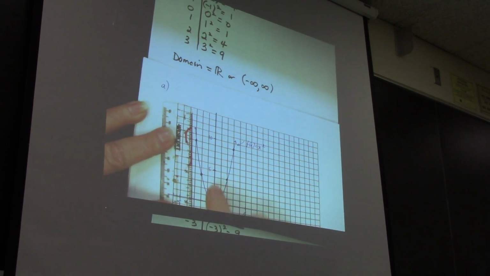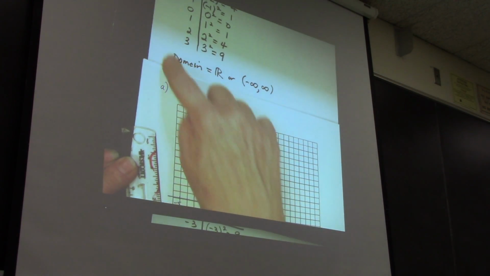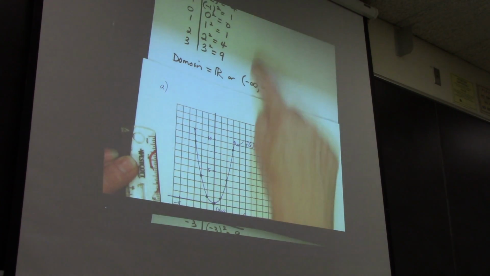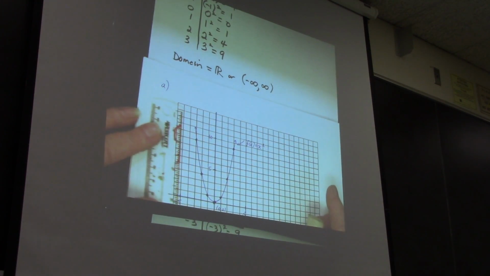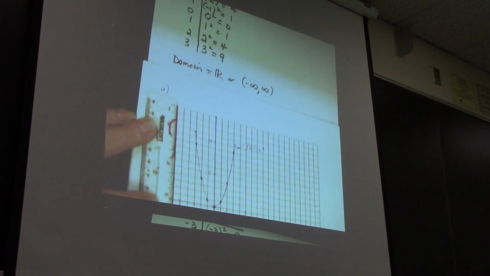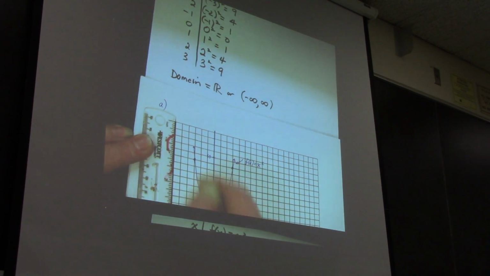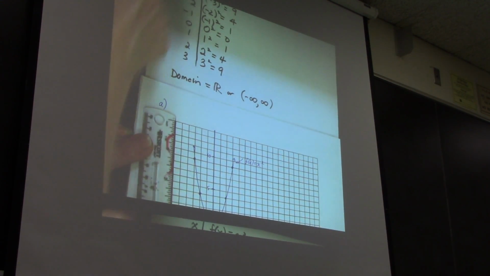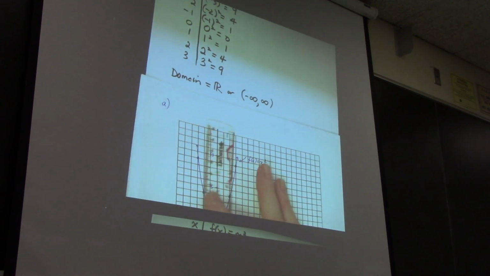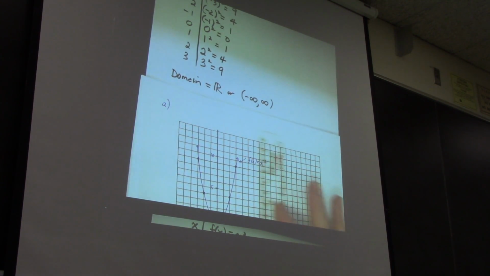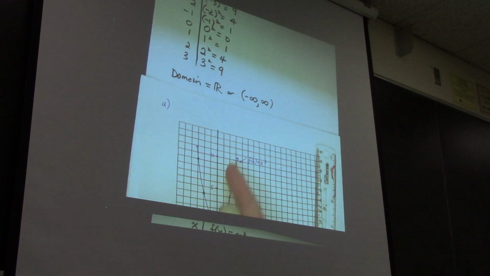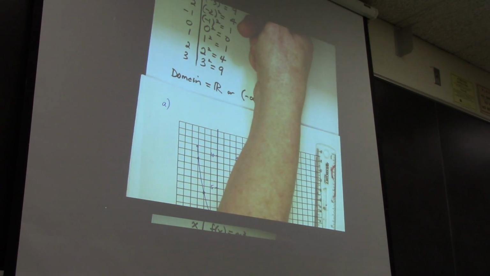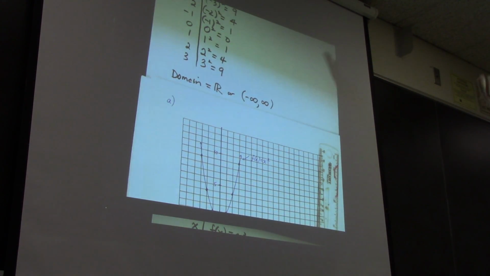So no matter how far out I go to the left, there is a y value corresponding to that x value. And no matter how far out I go to the right, there is a y value corresponding to that x value. Because again, the graph goes out to the left and out to the right forever.